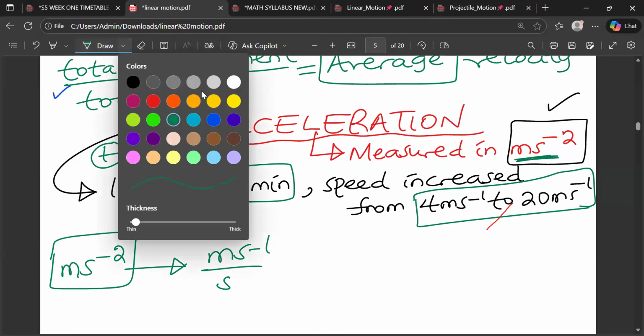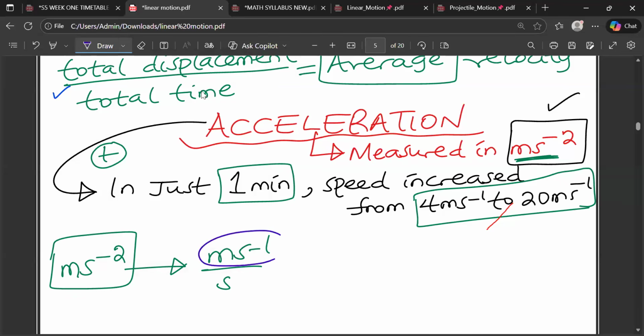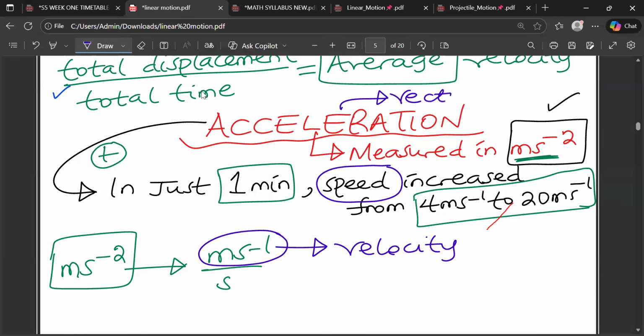So you all know that meters per second alone is for what? Velocity. Someone may ask, why aren't you saying speed? Why are you using speed here and then velocity? You should understand that acceleration is a vector quantity. So I'll go with velocity, which is also a vector quantity.